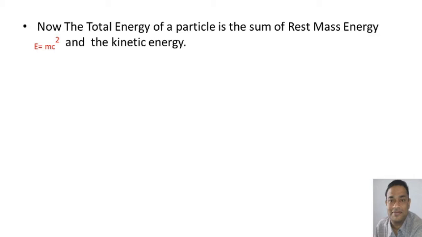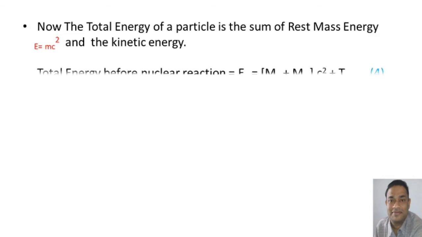So the total energy before the nuclear reaction, it is denoted by E1, and it is equal to the rest mass before the nuclear reaction. So it is M capital X plus M small x multiplied by c square plus the kinetic energy of projectile T small x.